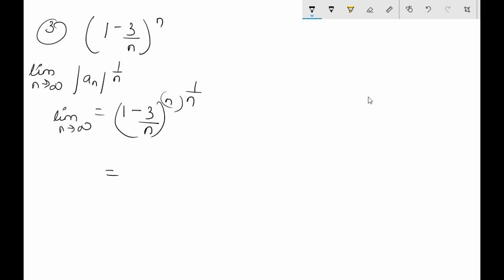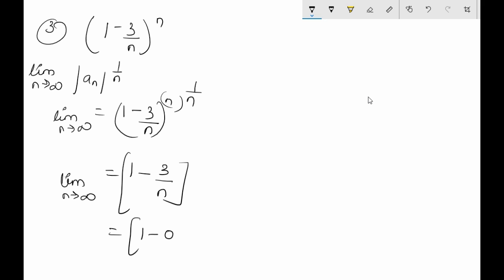So we'll be left with 1 minus 3 by n. Taking limit n tends to infinity, we'll be getting 1 minus 0, which will be equal to 1. Here the value 1 says that this given series is inconclusive by root test.